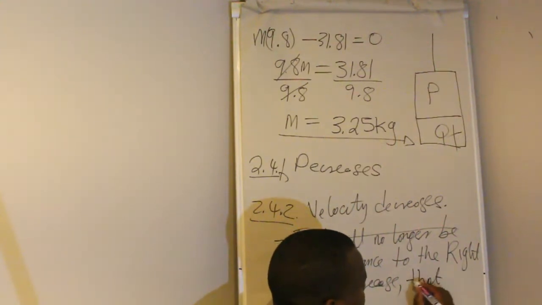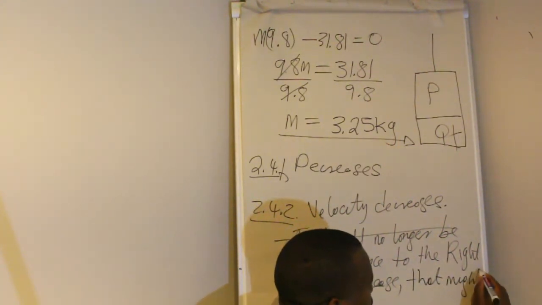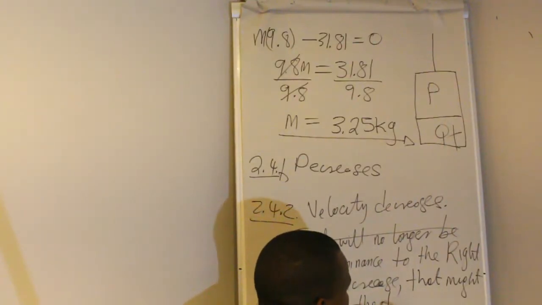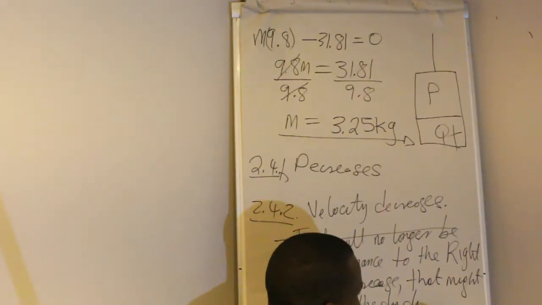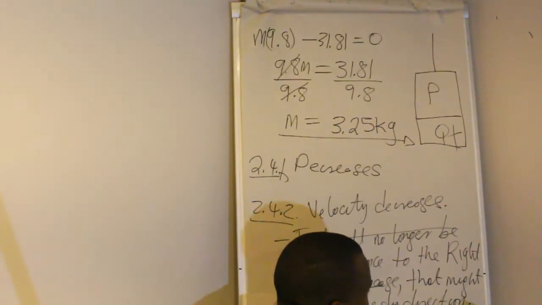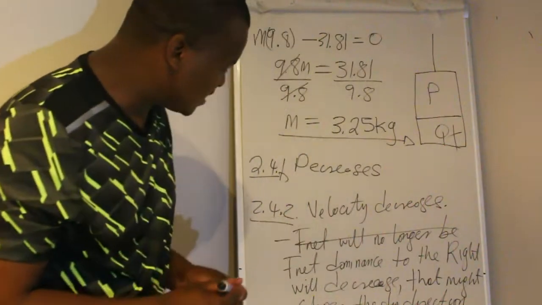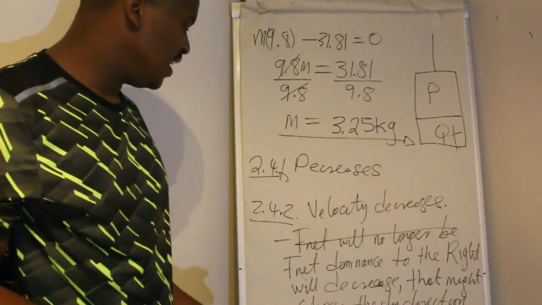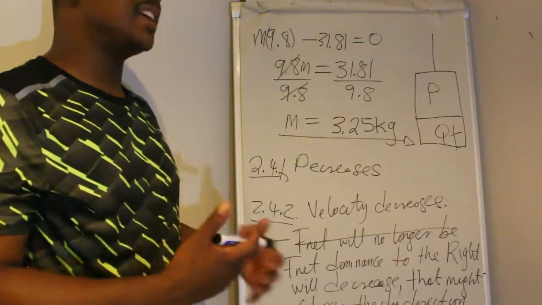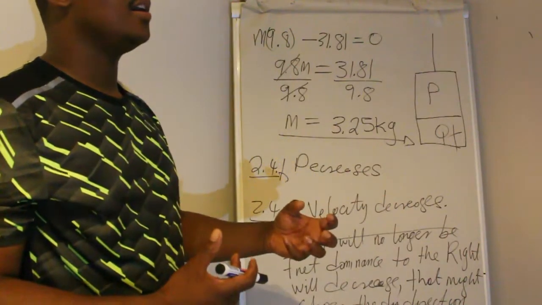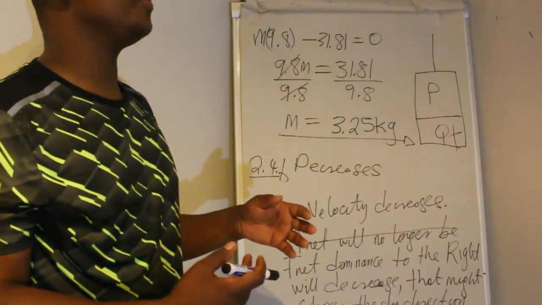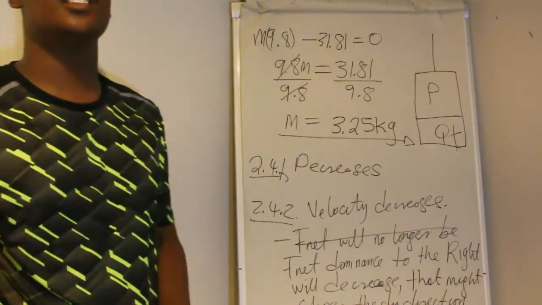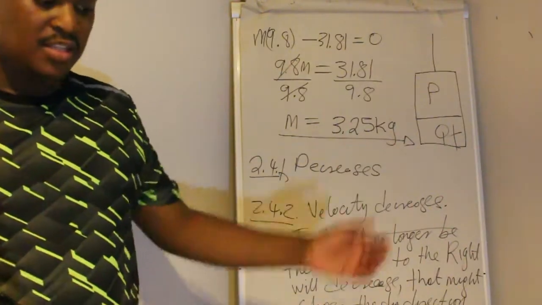That might change the direction of the system. So I'm realizing that I've written below this. What I'm saying is that the net force dominance to the right will become smaller, so the velocity will be slower, or the net force might even end up going to the other side, which is now changing the entire direction of the system. So this is where this question ends.